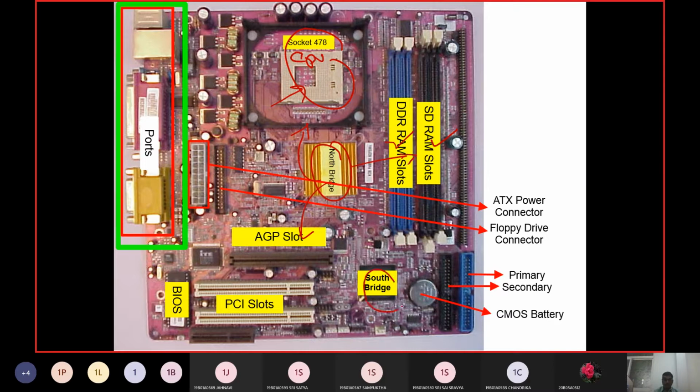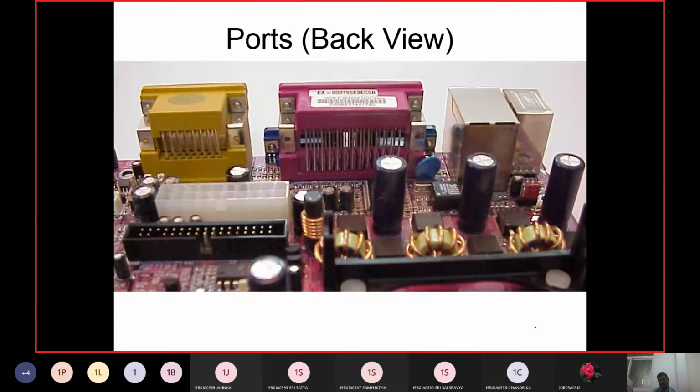Then comes the south bridge. It is associated with the peripherals and the ports, etc. These are some of the components, and we have the CMOS battery, which keeps updating the date and time for the CPU.